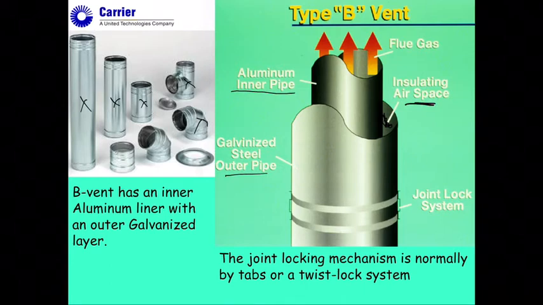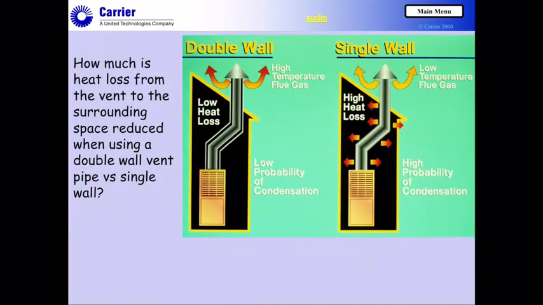That is really recommended not to ever use, simply because if you drive screws into a B vent, there's going to be some condensation that will eventually damage those screws and they'll fall out. But with any locking system, they don't come apart that easily unless you're twisting them or doing something related to that.